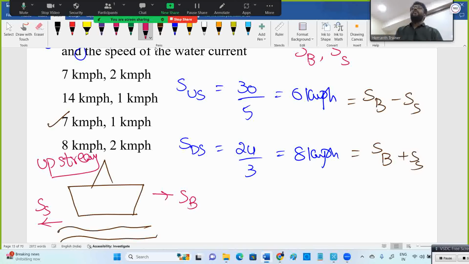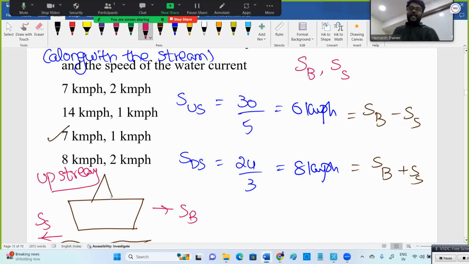The speed of water flow is called the speed of stream or speed of current. They'll use different names: velocity of the current, stream rate, also speed of stream. All these are similar terminologies. Here the boat and water are traveling in opposite directions, but we are not adding the speeds.